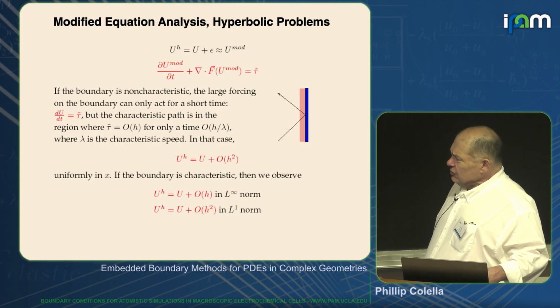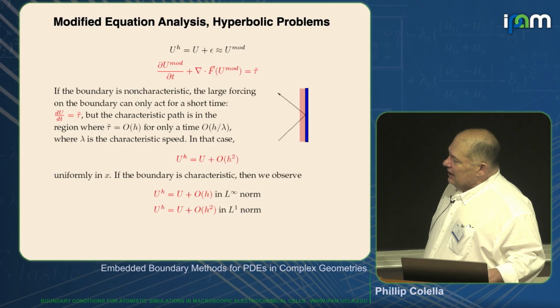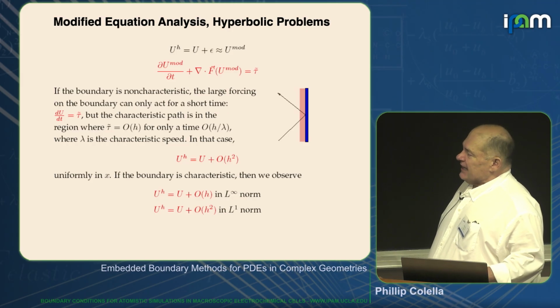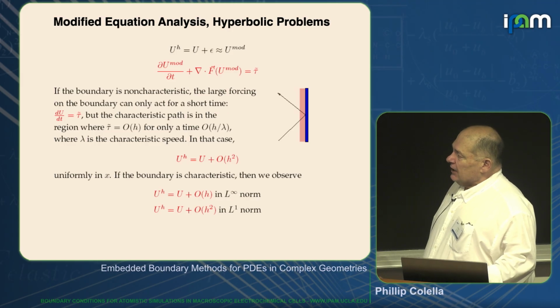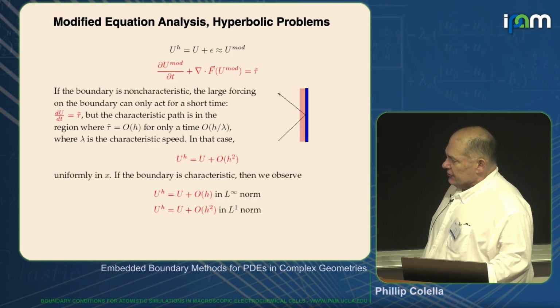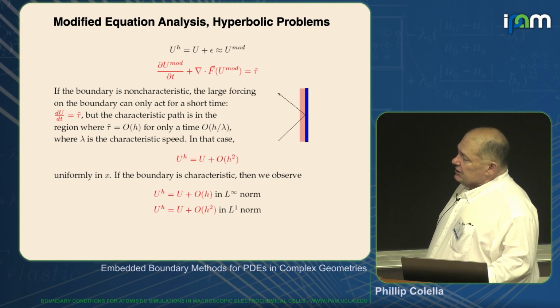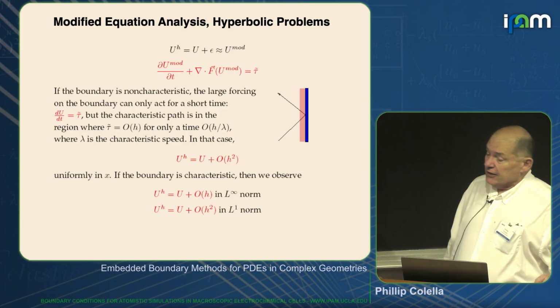You think of your numerical solution as your exact solution plus an error, defined to be the leading order term in the error. We define this modified solution, u plus error, as satisfying, to leading order in h, du_mod/dt plus divergence of f(u_mod) is not equal to 0, but is equal to tau, where tau is the truncation error.